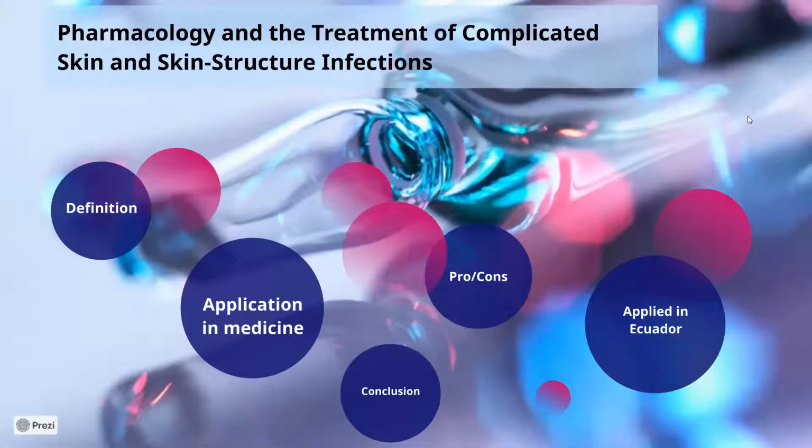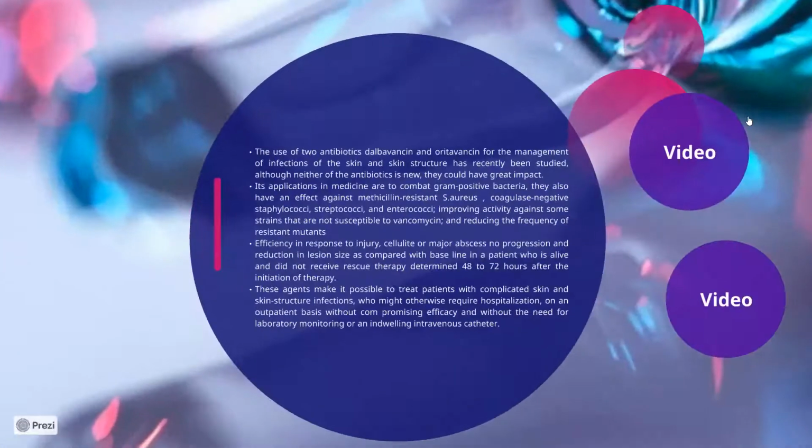Now, with the application in medicine, the use of two antibiotics, dalbavancin and oritavancin, for the management of infection of the skin and skin structure have recently been studied. Although neither of the antibiotics is new, they could have a great impact. Their application in medicine is to combat gram-positive bacteria.